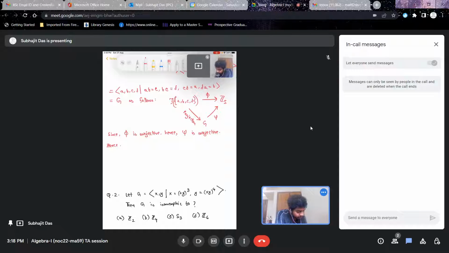Hence, we know that the cardinality of our group G has to be greater than or equal to 5, right?